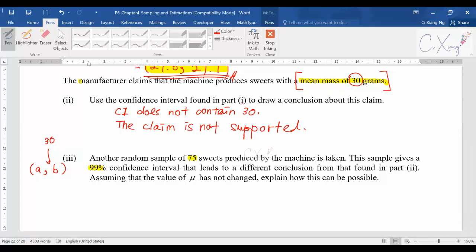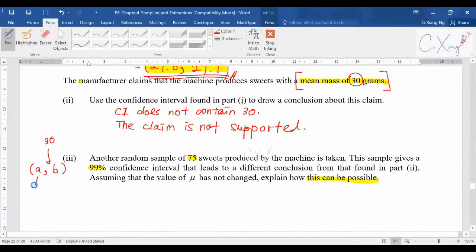Because you are still calculating the 99% confidence interval, right? But why for the first confidence interval is the claim not supported, but for the second confidence interval that you calculate now, the claim is supported already? So they are asking you, how can this be possible?